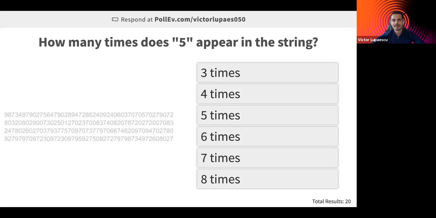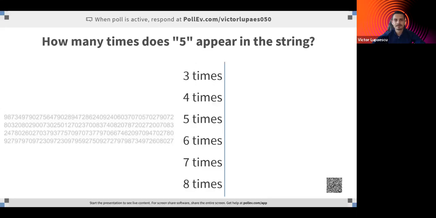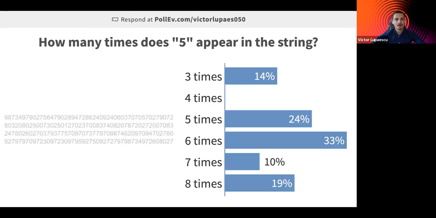Okay, let's see the result. So, quite spread, right? 6 times 33%, 36, 5 times 23%, 3 times 14, and so on, right? So yeah, I think it was quite an effort from you to try and count the number of times that 5 appears in the string.